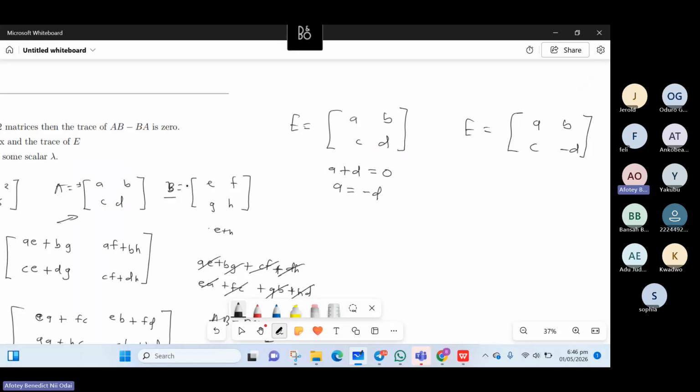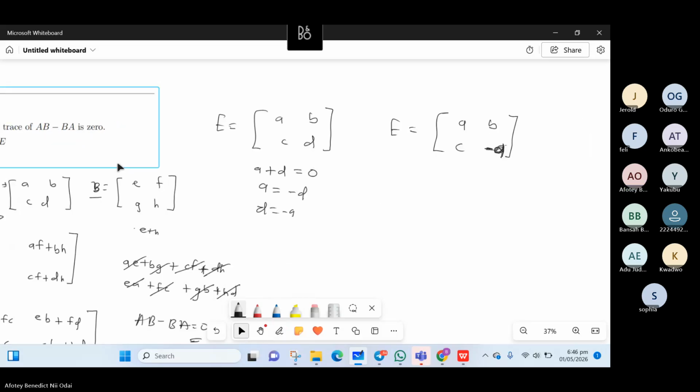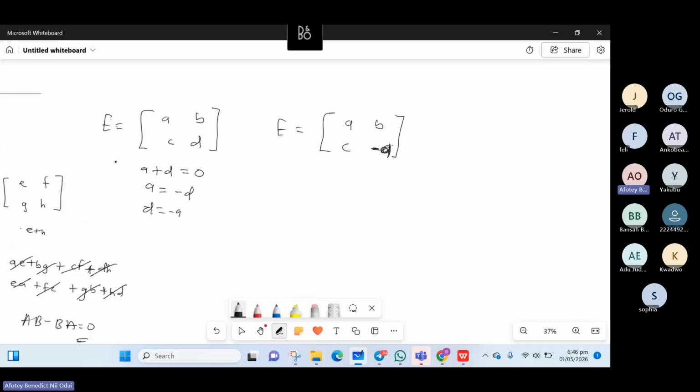So D is basically negative A. D is equal to negative A, right? So let's find E times E. So A, B, C, negative A, and this multiplication is very crazy. So let's start.